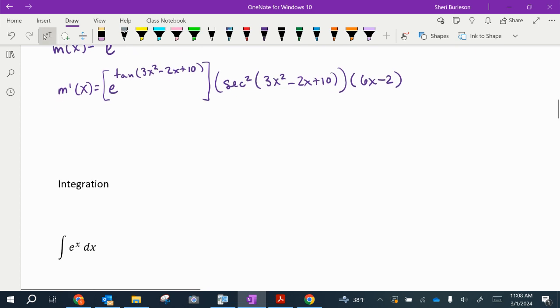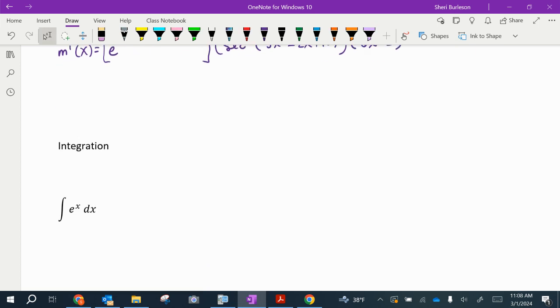So now let's look at integration. If differentiation is easy, integration should also be similarly easy. So if the derivative of e to the x is e to the x, then when I undo it, when I go backwards, the integral of e to the x dx has to take me back to the function.